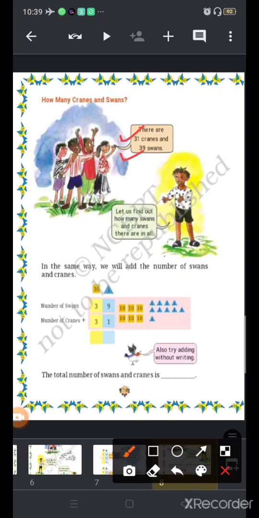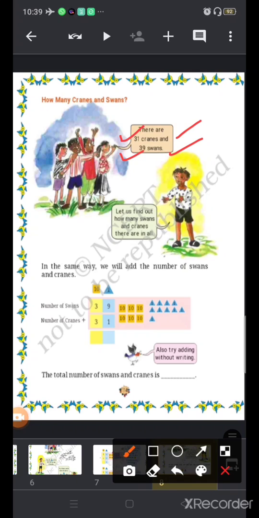Okay, so let us find out how many swans and cranes there are in all. What is the meaning of "in all" in maths? It means this is a sum of addition. We'll add these cranes and these swans, isn't it?